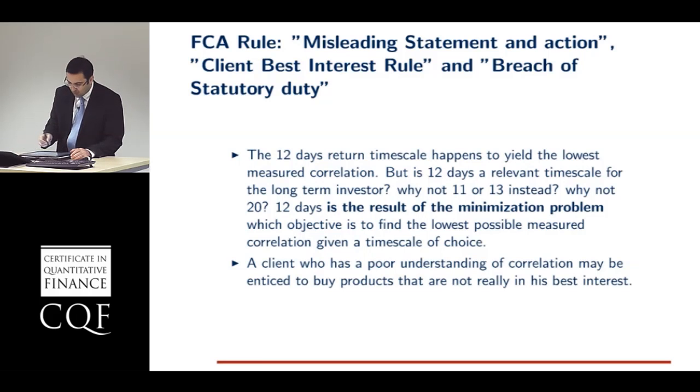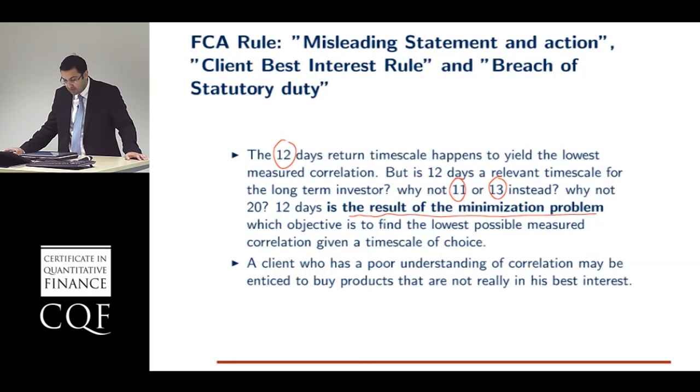So yeah, to clarify, why is 12 days the optimal return time scale? Why not 11? Why not 13? 12 is the result of the minimization problem, which aims at returning the minimum possible correlation given a time scale.